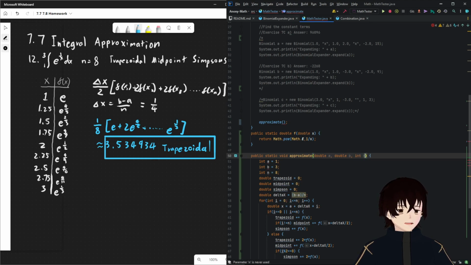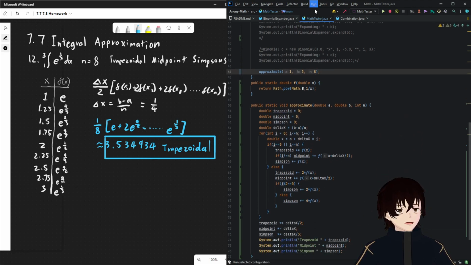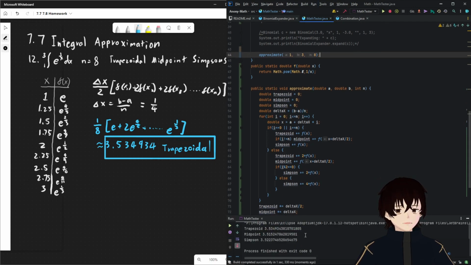N has to be an integer. We're going to approximate from 1 to 3 with interval of 8. Run. Perfection. Now I don't have to do math anymore.